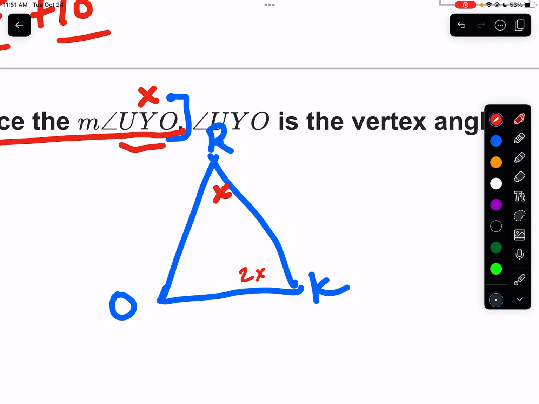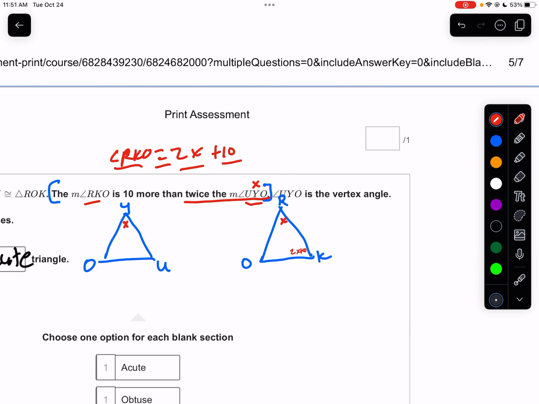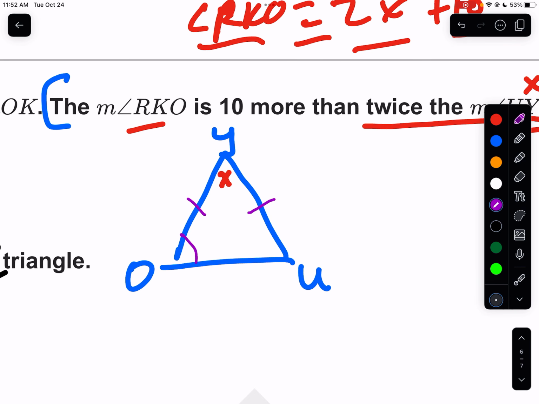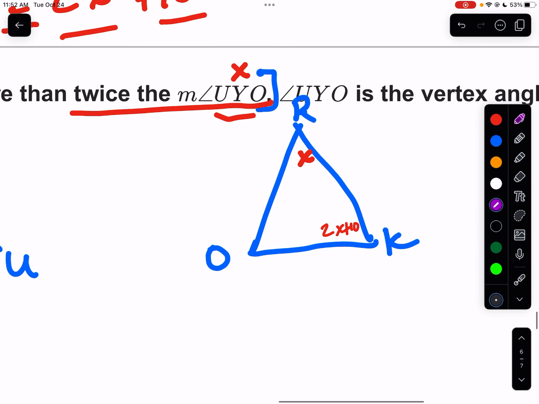Now this next sentence, very, very important. It says UYO is the vertex angle. Well, if UYO is the vertex angle, that means these two sides are equal. That means these two angles are equal. So same thing over here, because these triangles are congruent. So this is also 2x plus 10.